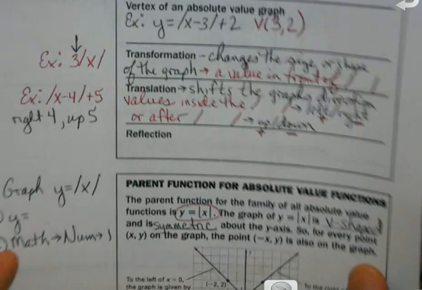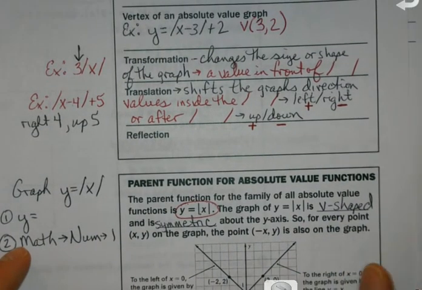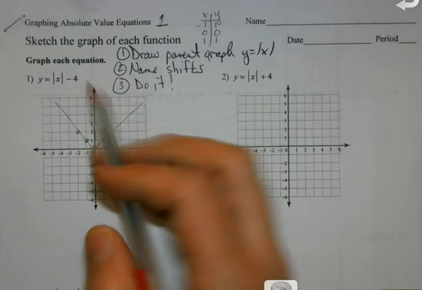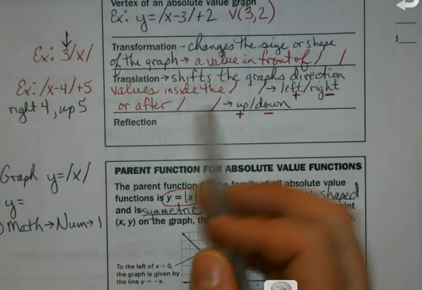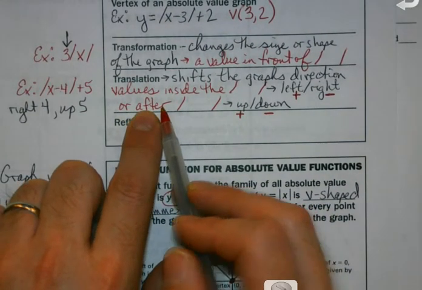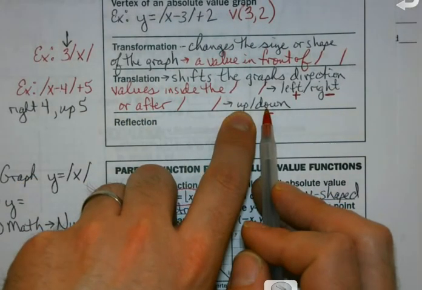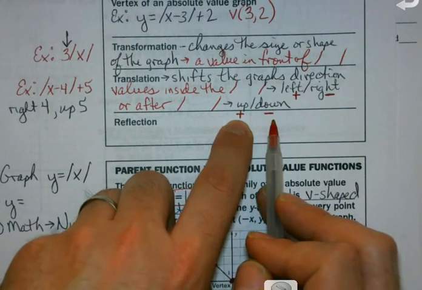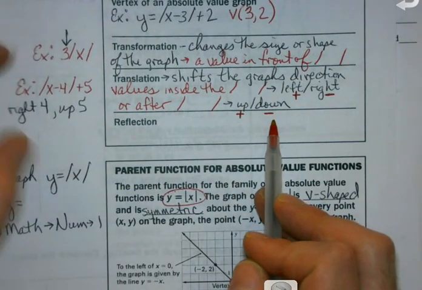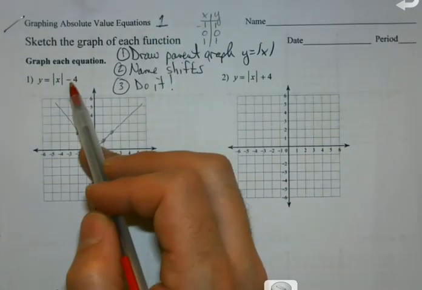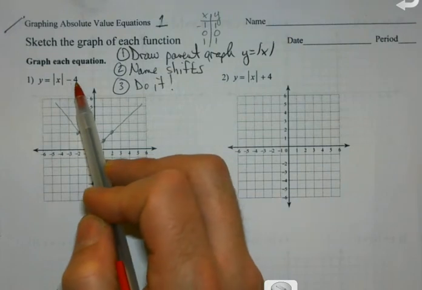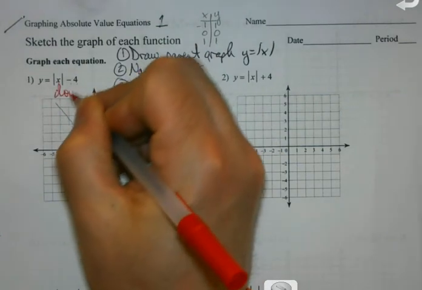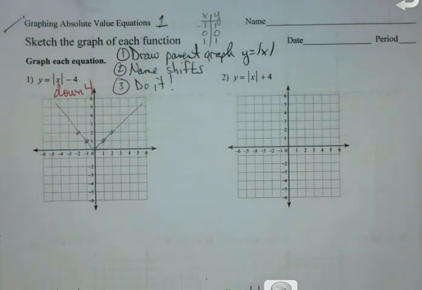Notice on mine, it's outside the absolute value. If it's outside or after, that's an up or a down shift. If it's positive, it's up, and if it's negative, it's down. So a negative 4 after, which direction are we going? Down 4.